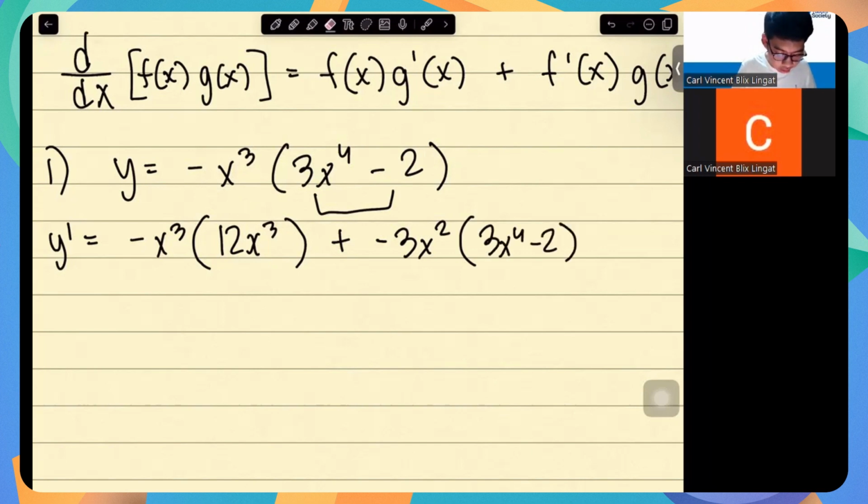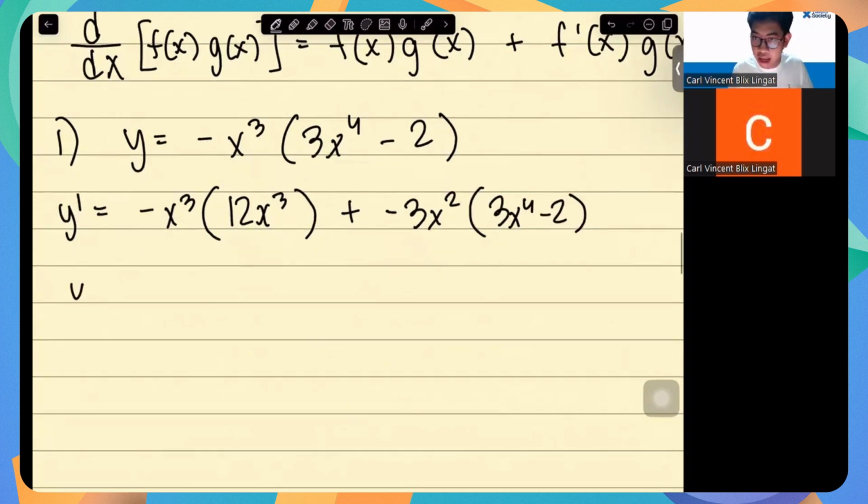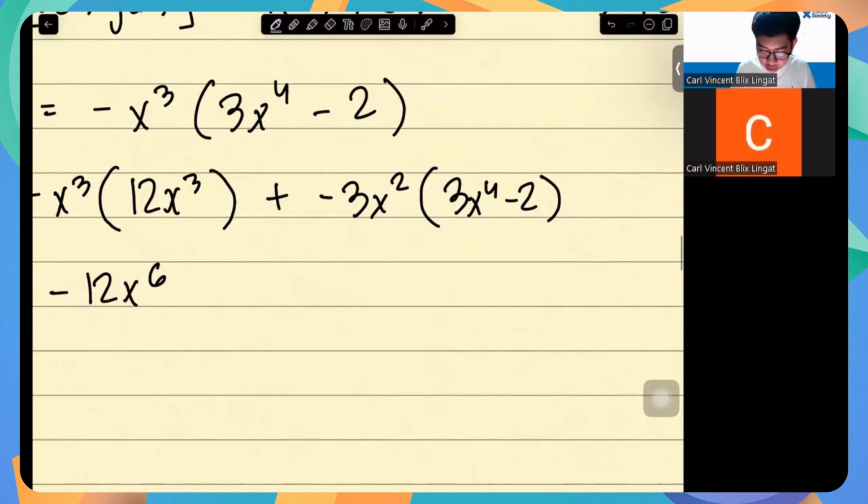After that, we can now multiply the things that we did together. So -x³ times 12x³ is just -12x raised to 6. Then here, distribute this -3x² into the parentheses. So -3x² times 3x raised to 4.